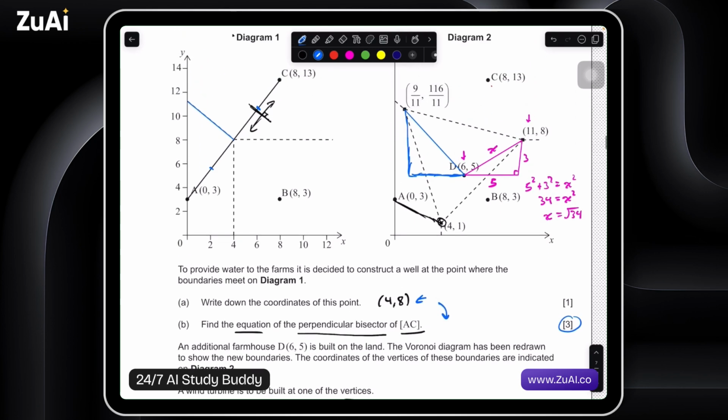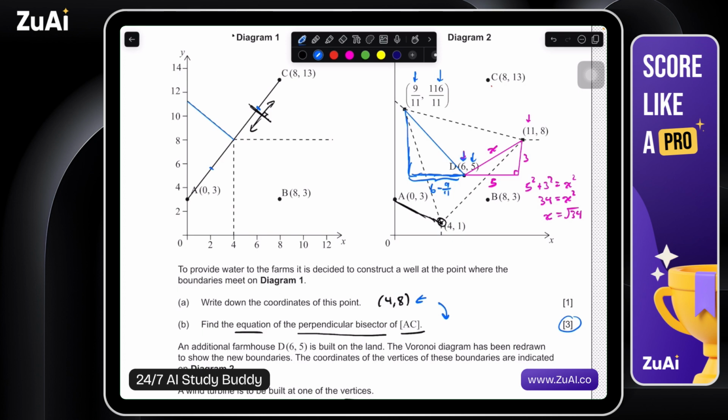If we're going from 9/11 to 6, what are we traveling? Well, this would represent 6 minus 9/11, and then we could square that. And if we're at 5 in our y value, and we go up to 116/11, then we can represent this as 116/11 minus 5.